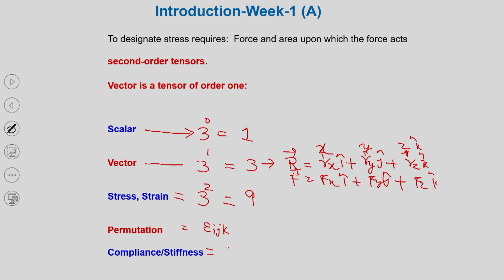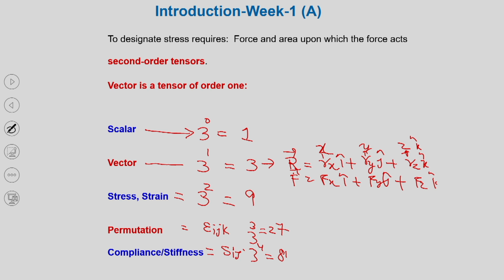Then for third order, 3 raised to power 3, it is 27. If we talk about compliance and stiffness, this is 3 raised to power 4, 81 components.